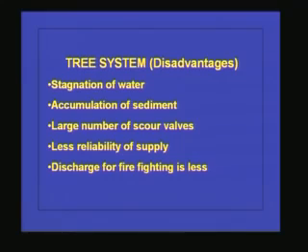The disadvantages of a tree type system: there are some areas in the system where water will be very stagnant. Stagnant water can deteriorate the quality of water, so we should avoid that, and it is not as possible to avoid this stagnation as it is for other types of systems.